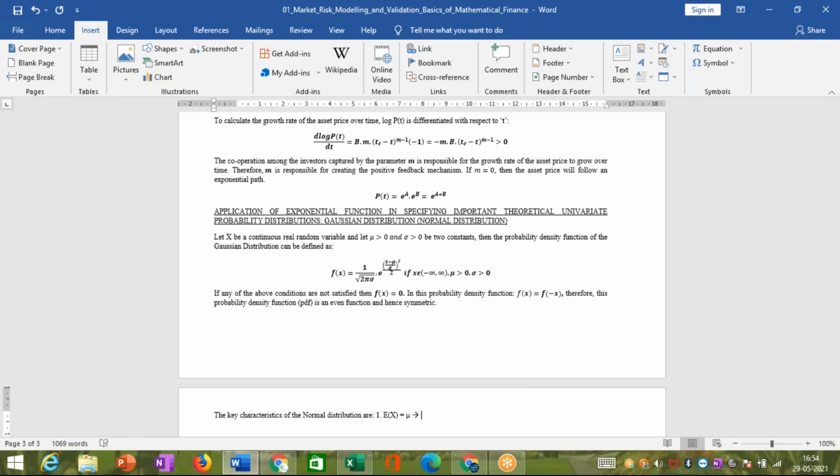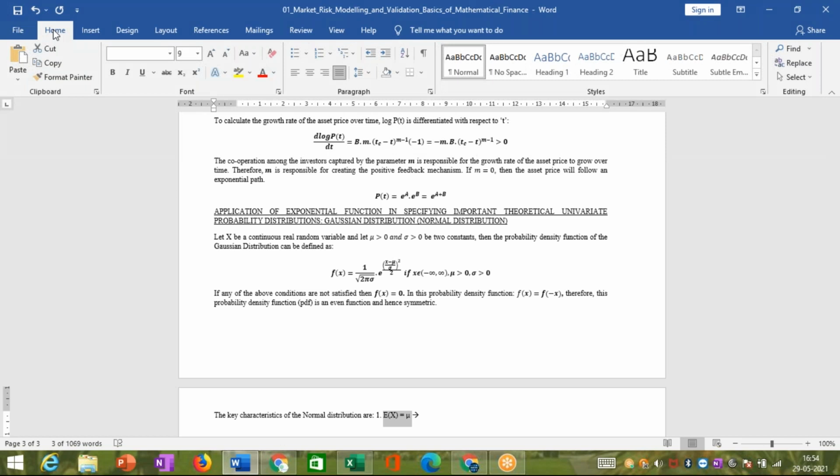Okay. So what is the implication of this result that I have written over here? I'm saying that this means the mean of the distribution, the normal distribution, is mu. So what is the implication of this particular measure over here?